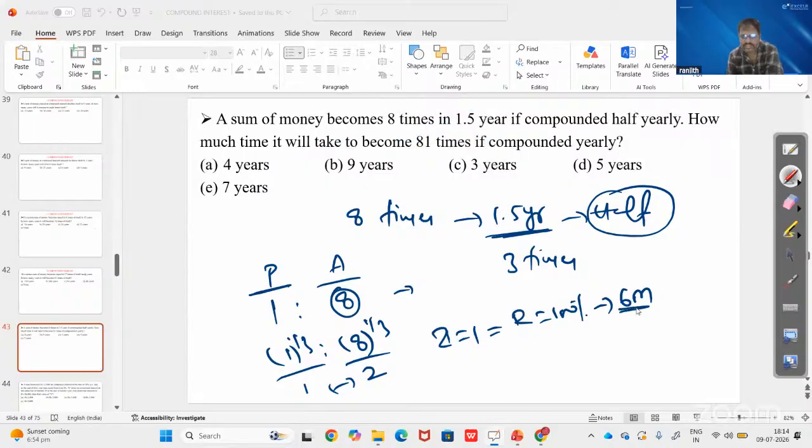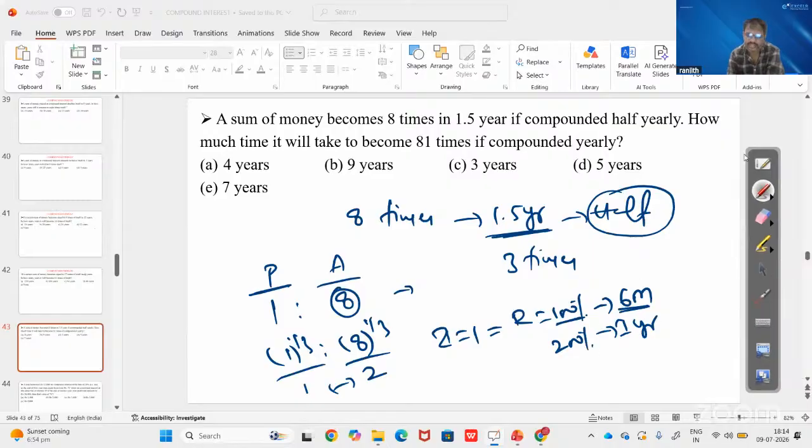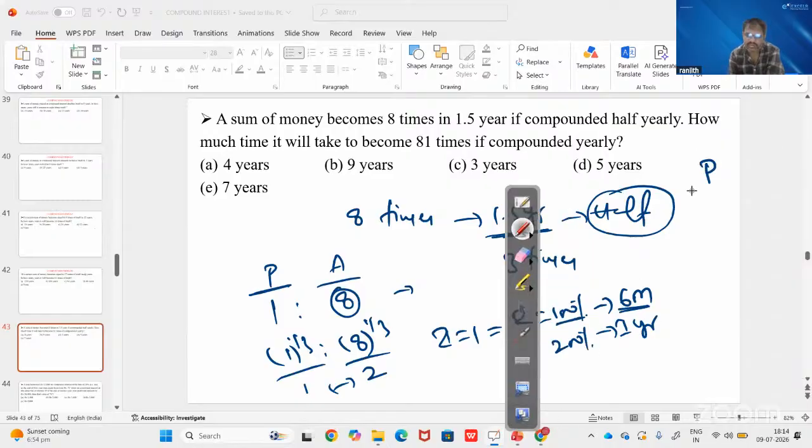So 6 months equal to 100 percentage, yearly will be equal to 200 percentage. So principal equal to 1, amount equal to 3. To get 81, we need 3 power 4, which is nothing but 4 years. So the answer is 4 years.